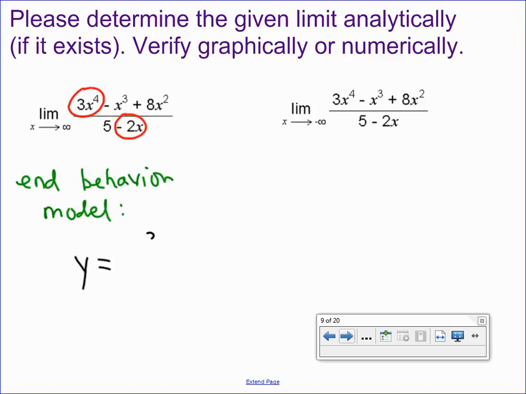I would be getting 3x to the fourth over negative 2x, which means this function is going to behave exactly like a negative 3 halves x cubed function would behave. And so I know that that rational function, which looks complicated, would behave exactly as a negative 3 halves x cubed function, which is much simpler, namely a cubic function.